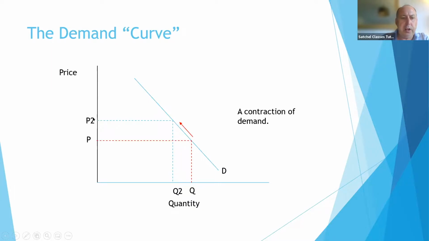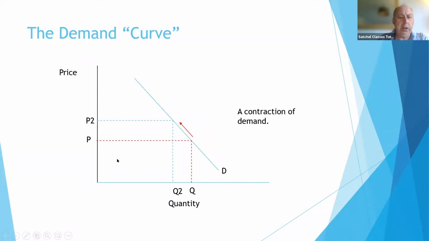So the price goes up from P to P2. Quantity will go down from Q to Q2. And that's shown as a movement along the demand curve, and that's a contraction of the demand curve.